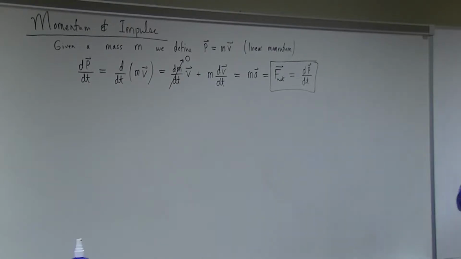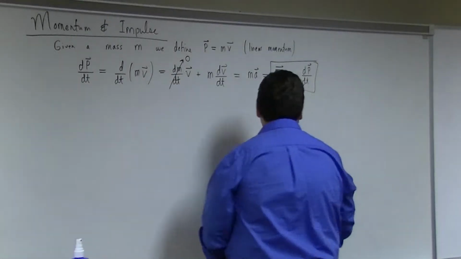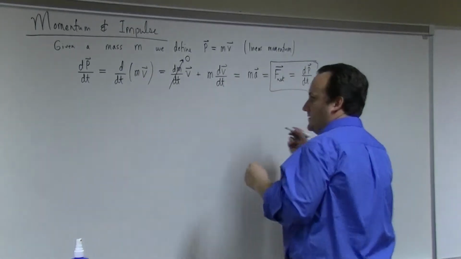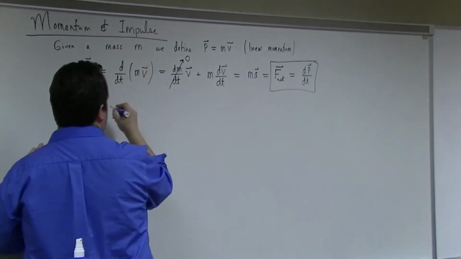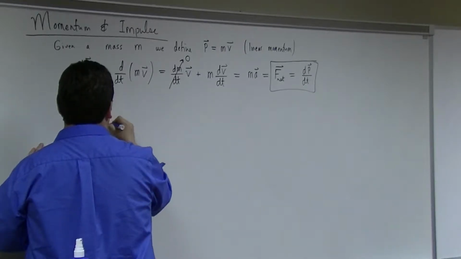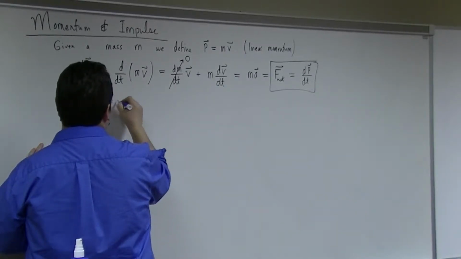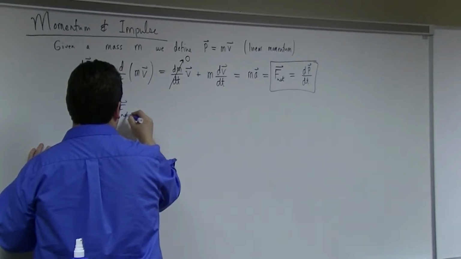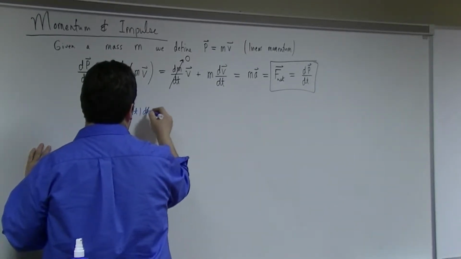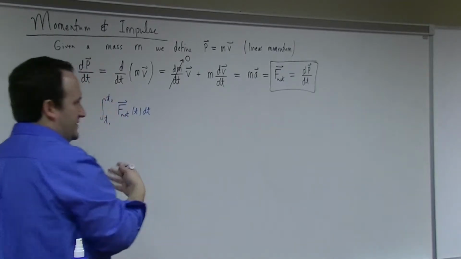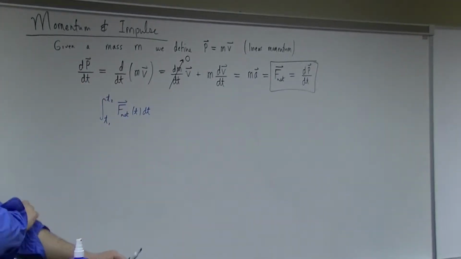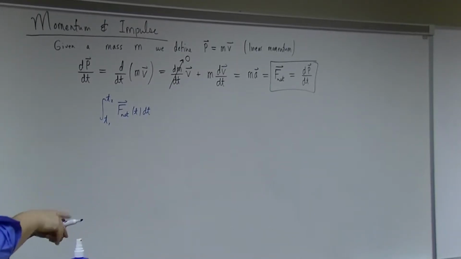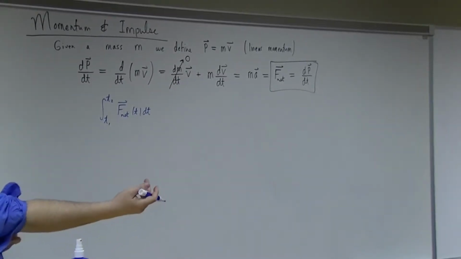So we can integrate both sides. So let's integrate. If I integrate from time 1 to time 2 the net force dt, what's the integral of a vector? It's the vector of the integrals. This is not a line integral. This is just the boring integral calculation we did at the start of the course.